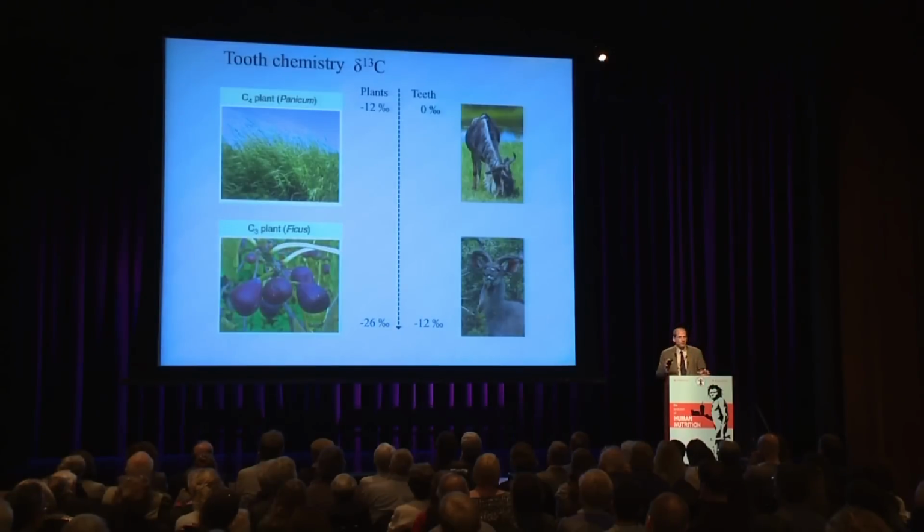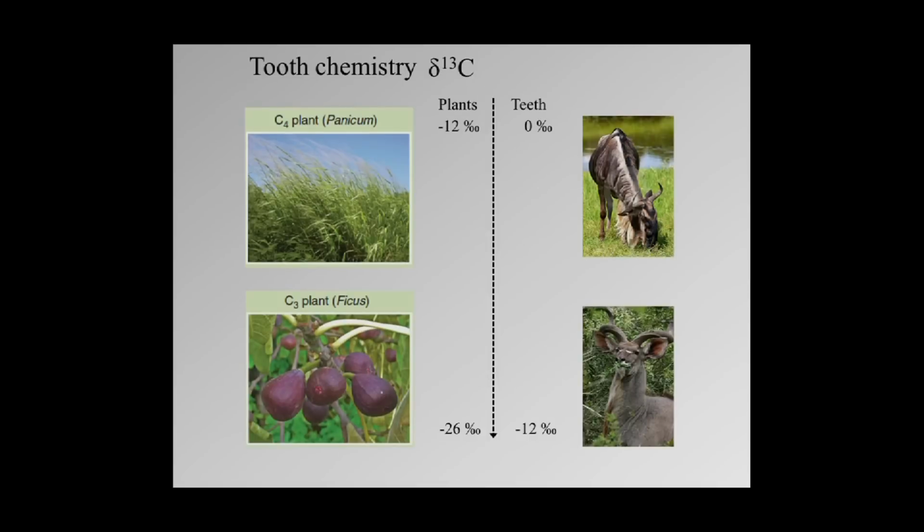And there's two different isotopes of carbon, for example, that are stable, carbon-13 and carbon-12, and depending upon the type of photosynthesis you have, you're going to select more against carbon-13 in one case than you are in the other, and that'll show up in the plants, and then it'll show up in the animals that eat them. So browsers that eat forest products will tend to have a different isotope signature than grazers that eat savanna products.